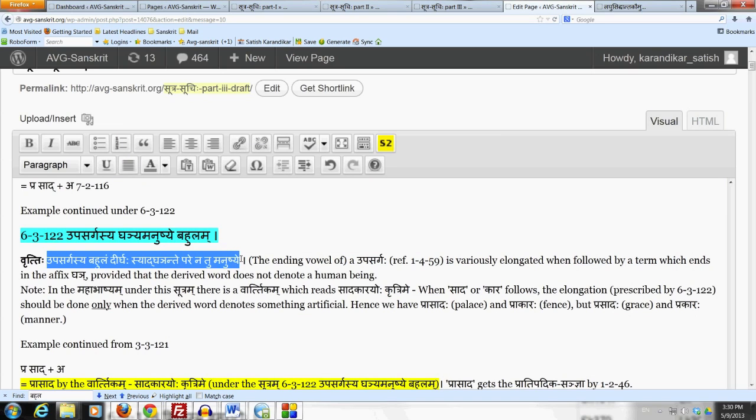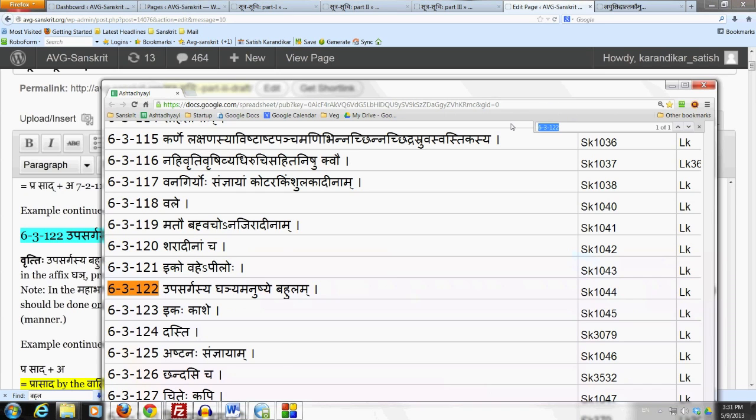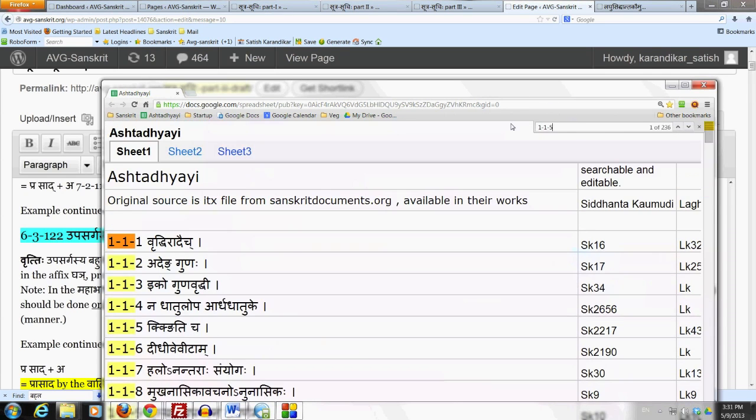Now ghai is a pratyaya, so we cannot say simply ghai pare because an affix cannot exist on its own. Therefore the vritti says ghayante pare, when followed by a term which ends in an affix. What happens? The ending vowel of an upasarga. Why ending vowel? Because of alontyasya, 1.1.52. Here we are putting a long vowel in place of a short vowel.